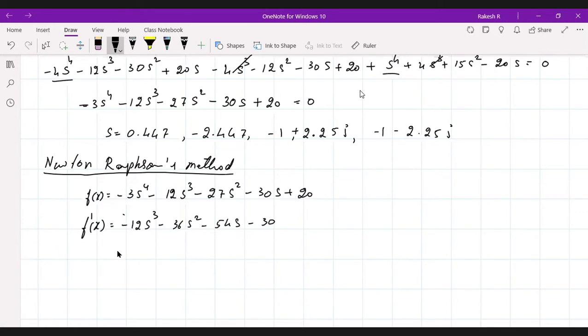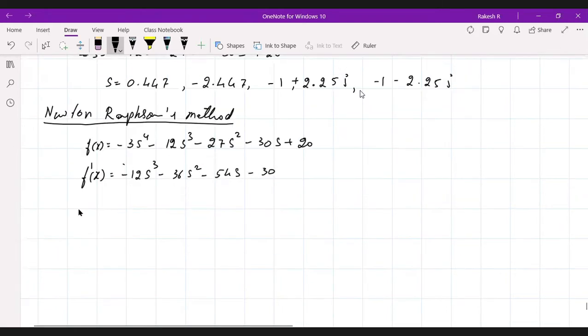After this, you need to find x of n plus 1. x of n plus 1 will be s minus f of x divided by f dash of x. This is the Newton-Raphson method you have studied in your mathematics, numerical methods 1 and 2.